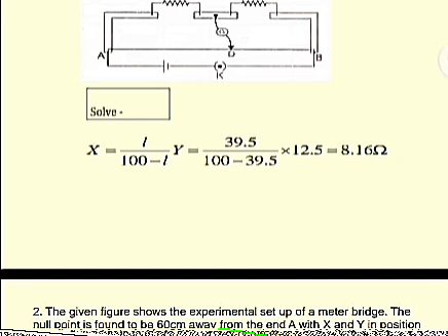Put the value of X and Y, find the value of L. It means X upon Y plus 30 is equal to L upon 100 minus L. Cross multiply and solve it, we get L is equal to 75 centimeter from point A. It means when the 30 ohm resistance is connected parallel with Y, we get the balancing point at 75 centimeter away from point A.